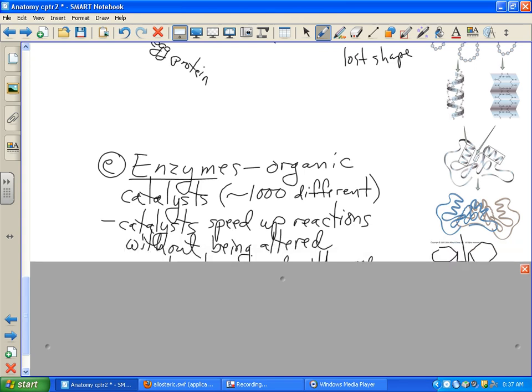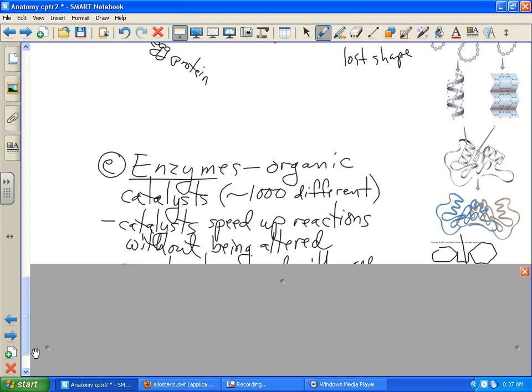The definition of a catalyst is a chemical that speeds up a reaction without being changed itself. It can facilitate collisions. So you had all these hydrogen peroxide molecules, and it facilitated the collisions in order to break them apart.